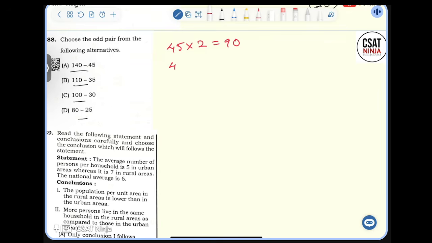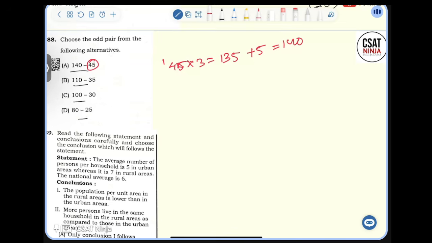I'll check for 45 into 3. 5 3s are 15, 1, 12, 13. I'm getting 135. So I'm seeing a pattern here, which is 45 into 3. That means second number into 3, and plus 5 will give me 140.